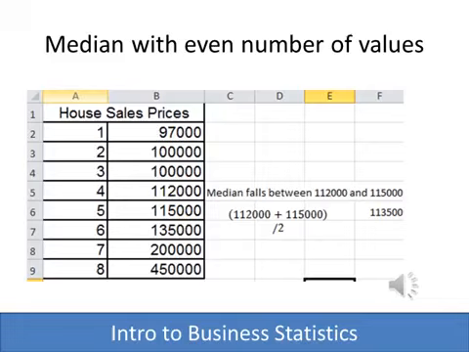So in this case, we actually take the difference between the two values. So the center point would be between 4 and 5. And so the value for 4 is 112,000, the value for 5 is 115,000. So we add the two together, divide it by 2, and we come up with the actual midpoint, or the median in this case, of 113,500.